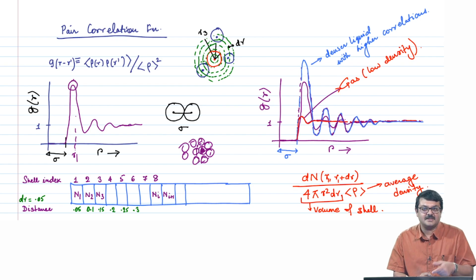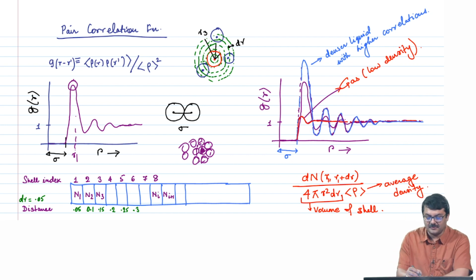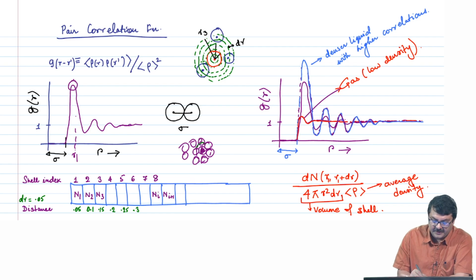So, slightly larger, so suppose r1 plus sigma by 2, sigma by 2 is the radius, right. So, if you are finding a large number of particles at such a distance around the central particle, then you are not going to find the center of particles at such a distance, right, because most of the particles are just simply very close and sticking.